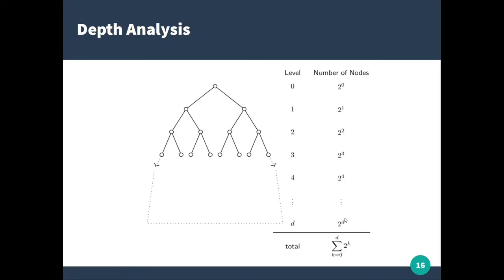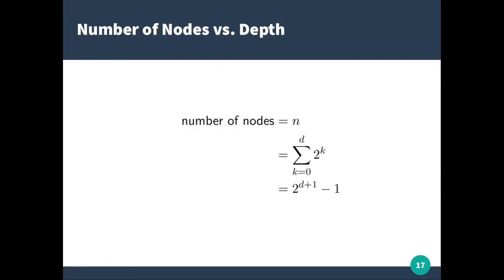So we can say the total number of all these nodes can be described as a geometric series. If the number of nodes in a given tree is equal to n, then this is equal to the sum of powers of 2 from 0 to d, which is the depth of the given binary tree, right?